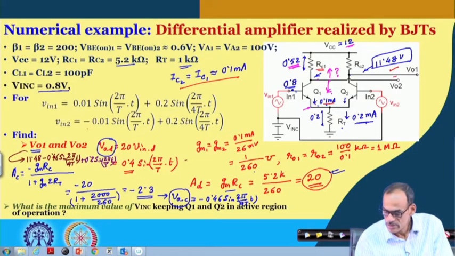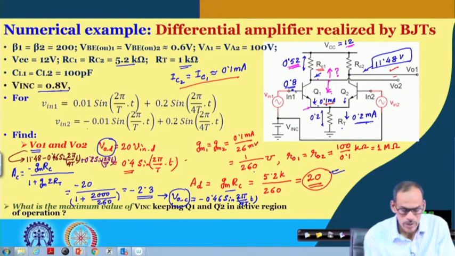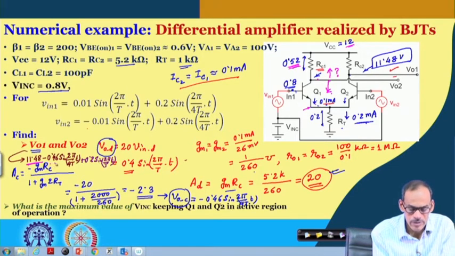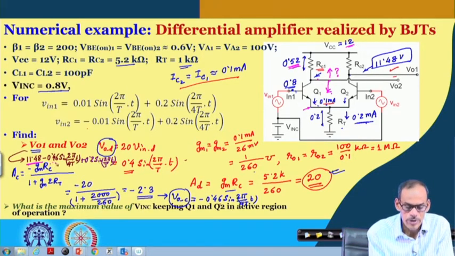Now, if you see the magnitude for some time instance, it will be 11.48 plus, for some time instance, 0.46. So, that gives almost close to 12 volt, and then we do have 0.2.